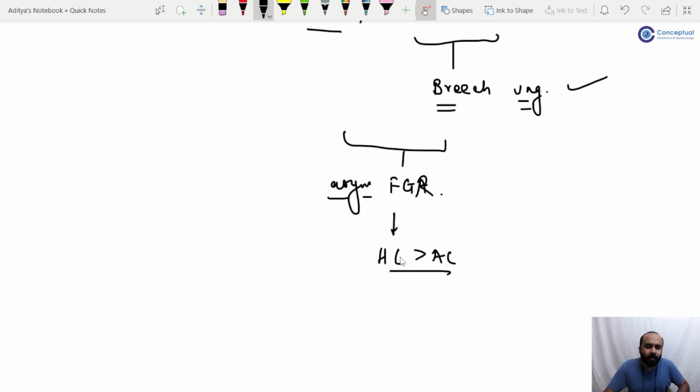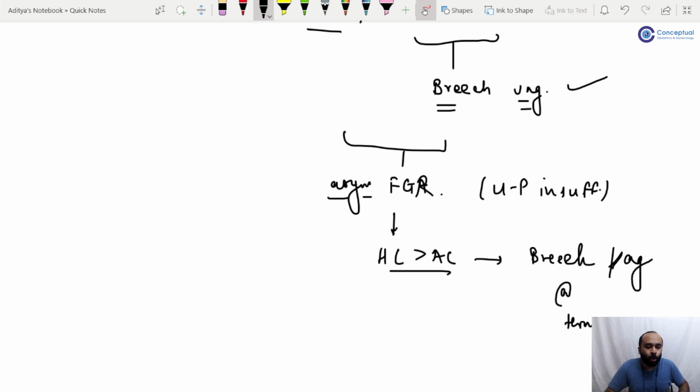In this scenario, the head circumference was still more than the abdominal circumference despite it being a term baby, because of the uteroplacental insufficiency, because of asymmetrical IUGR. Now, this is the point where a breech vaginal delivery, even at term, should not be done. Why? Because of the asymmetrical IUGR that had set in, the head circumference was still more than the abdominal circumference.